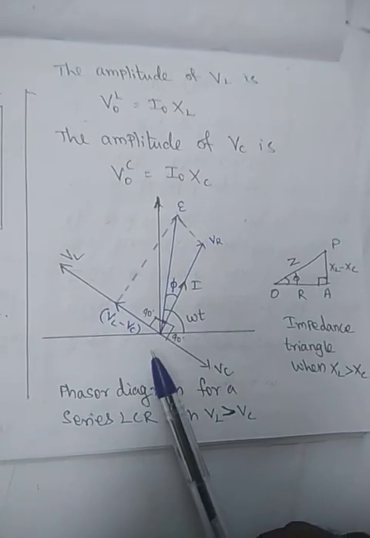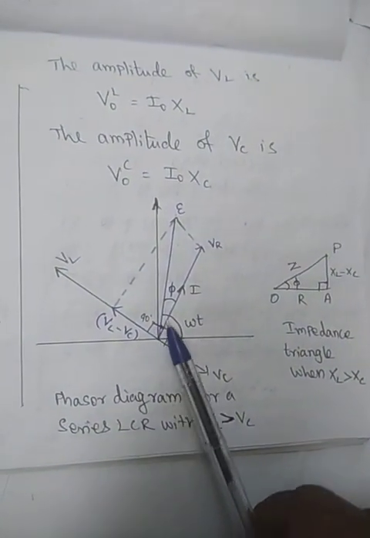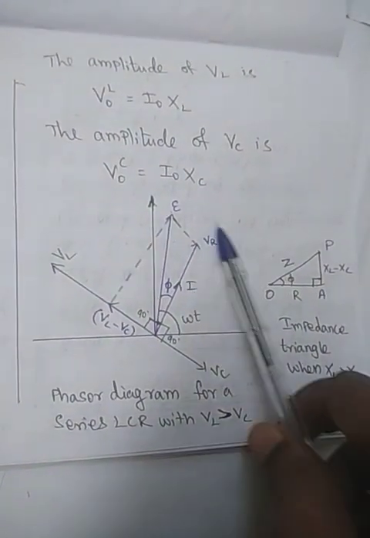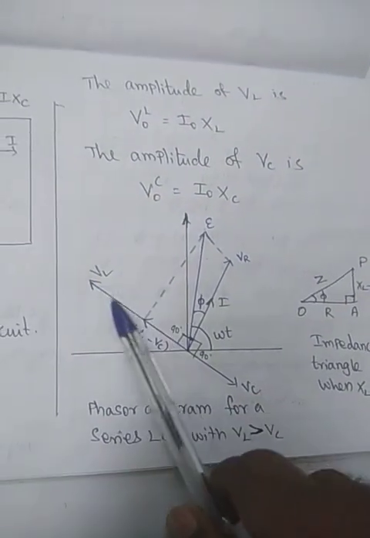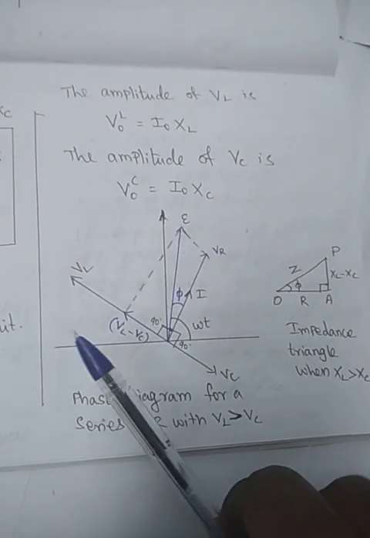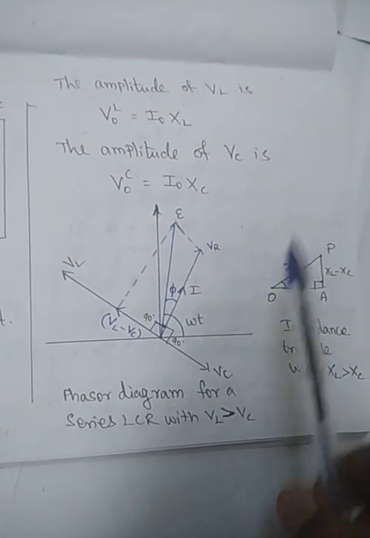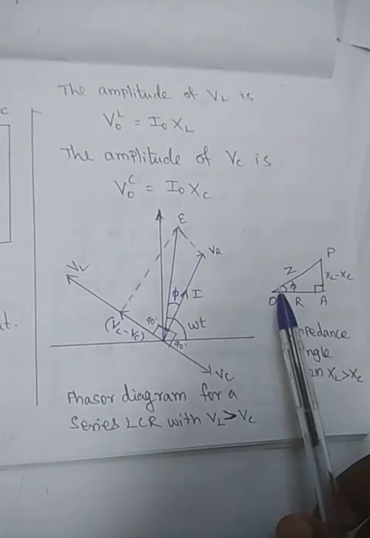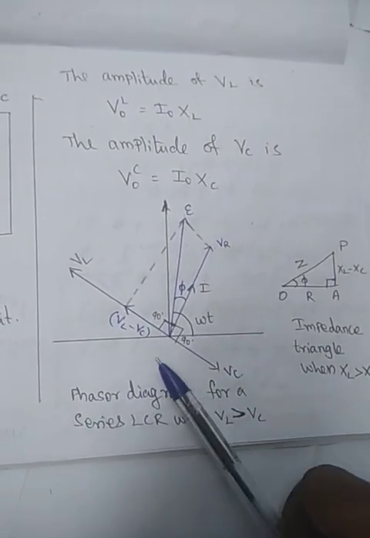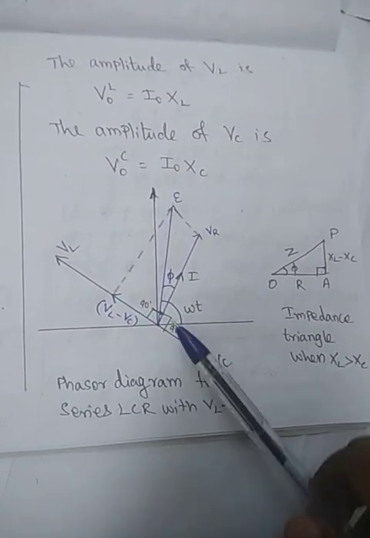Again I will explain one more time. This is the voltage of the resistor, this is the voltage of the capacitor, and this is the voltage of the inductor when they are connected separately to the alternating EMF. If they are connected in series in the same circuit, we have to draw the phasor diagram in the same diagram.